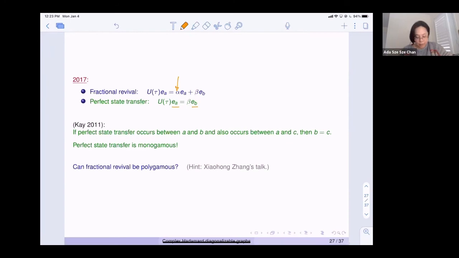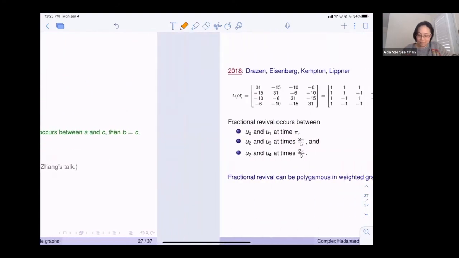So A is stuck with B essentially. Tino's question is, does fractional revival have to be monogamous, or can it be polygamous? If you have attended Xiaohong's talk, then you know the answer. So this is 2017.